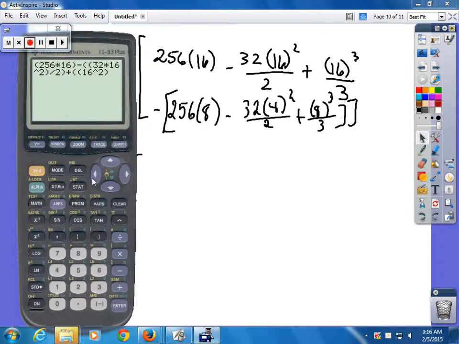Oh, 16 cubed divided by 3. I got that. What'd y'all get?